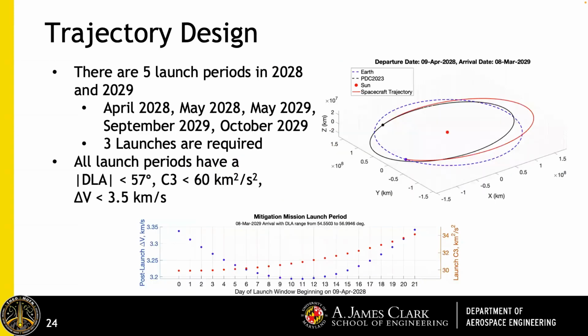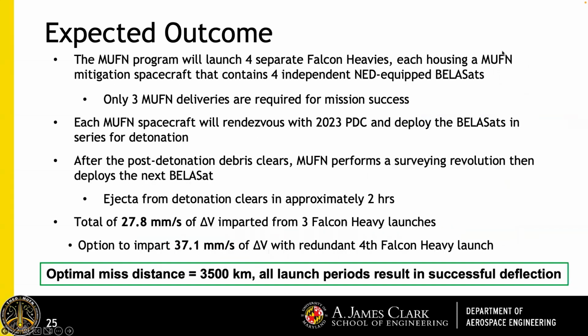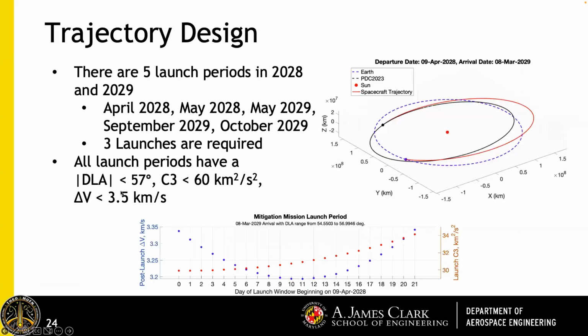The trajectory of the MUFN spacecraft is very similar to that of THEO. We also found the launch periods and the trajectory design in a similar manner, with the mass delivered charts.